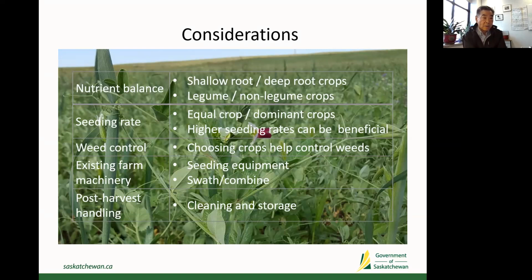Something like, I'm going to grow the wheat at the rate I used to seed, and I put like 25% of pea in the mix, because the pea would be able to fill the intercrop spaces.